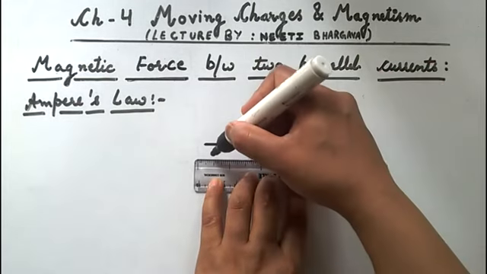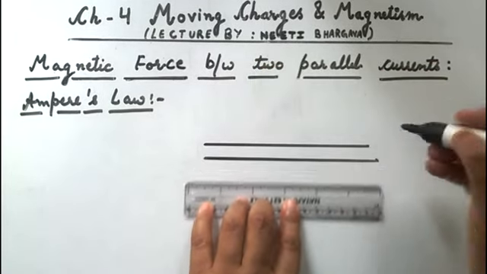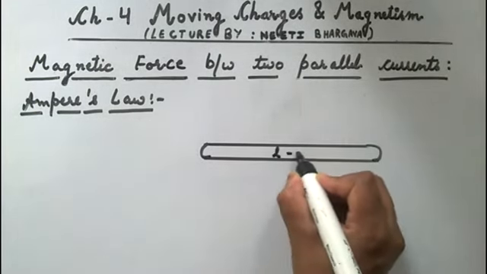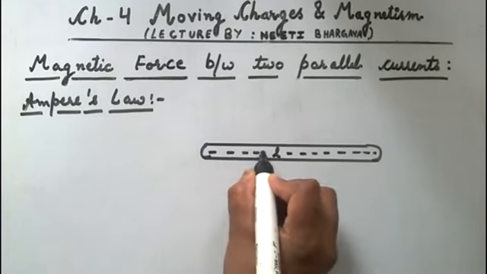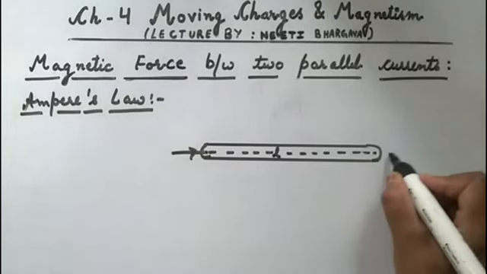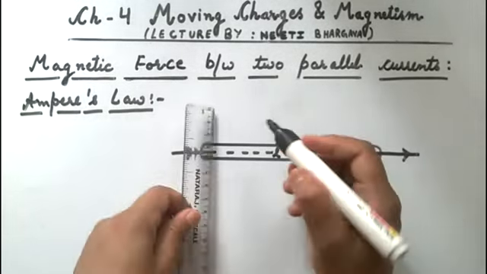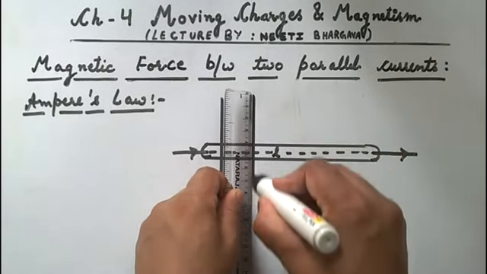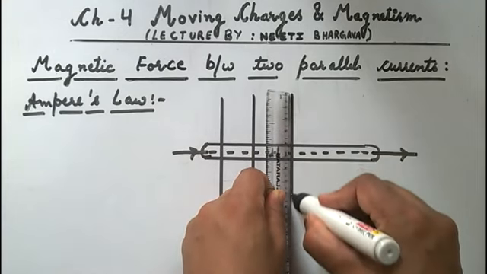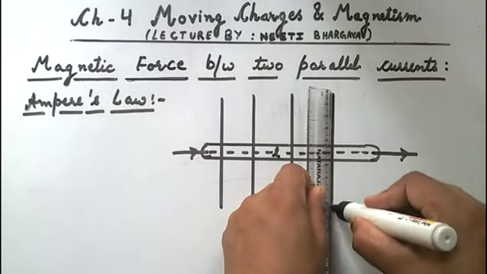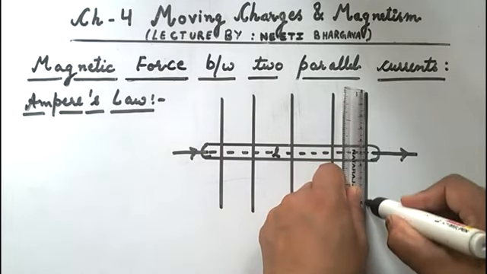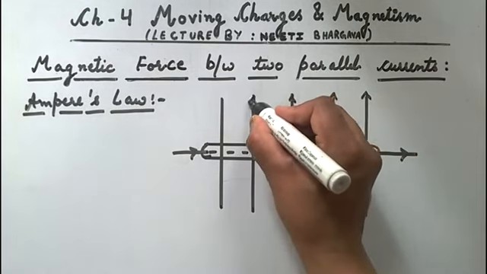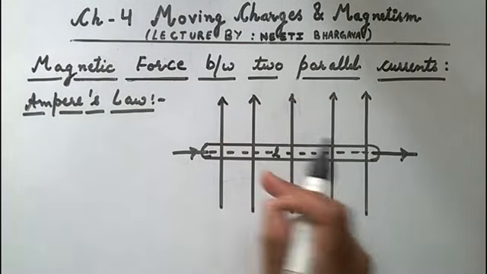Consider a straight long conducting wire of length L in which current I is flowing and this wire is placed in a uniform external magnetic field. As the wire is conducting, it will also produce a magnetic field around it.